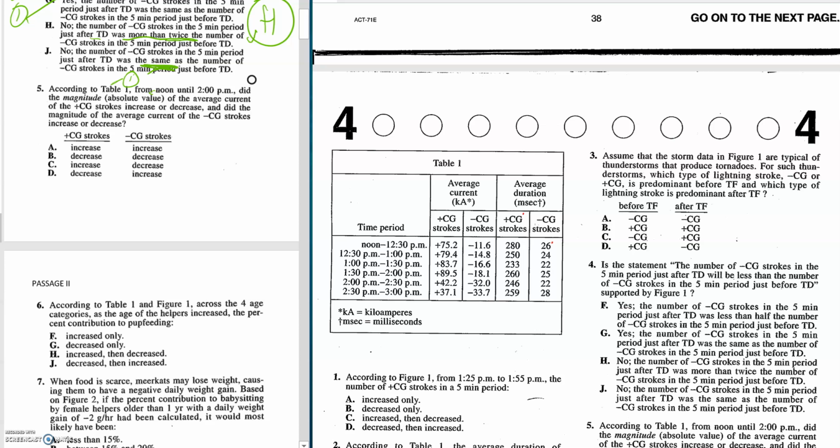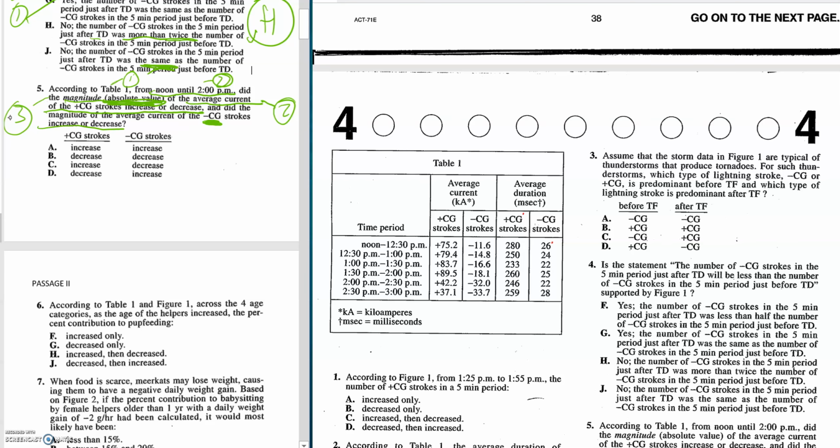From noon until 2 p.m., second step, did the magnitude, and that means it's the absolute value, so it's just going to be the difference, not negative or positive, just the difference of the average current of plus CG strokes increase or decrease? So we're going to have to find the average current of the plus CG strokes. So that'll be 2. Then we're going to find the absolute value of it. And did the magnitude of the average current of negative CG strokes increase or decrease?